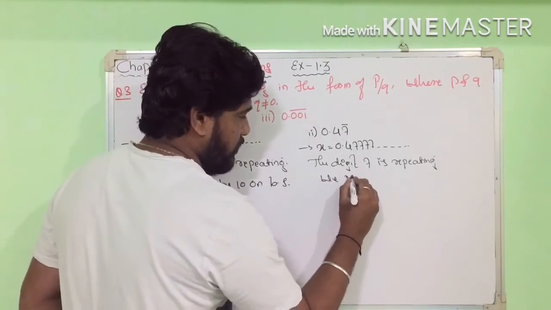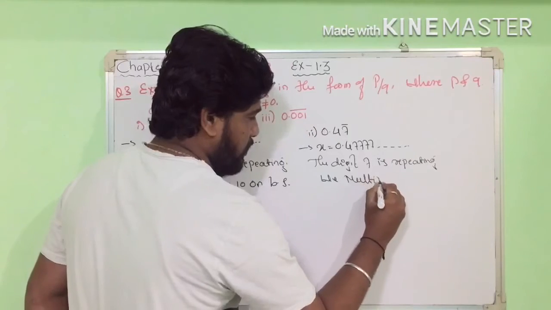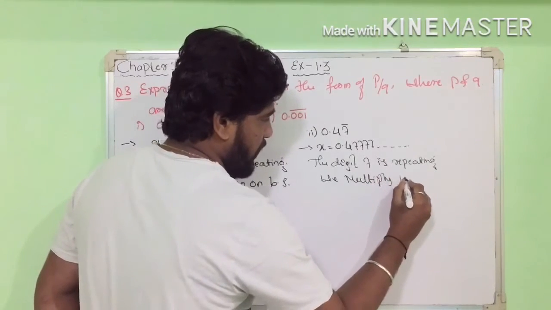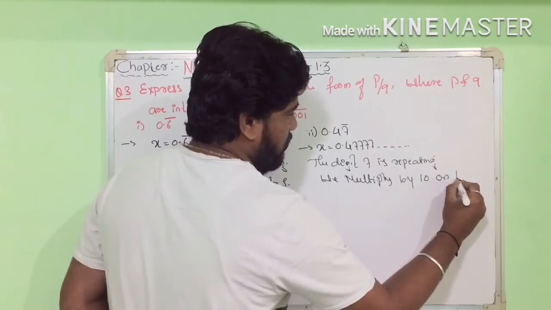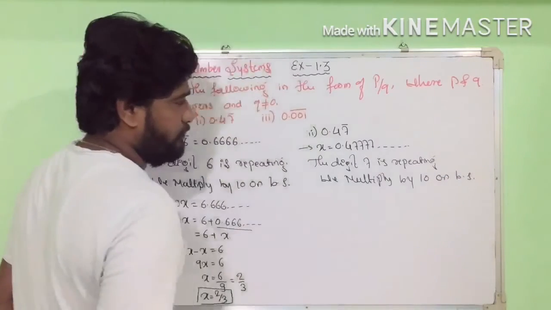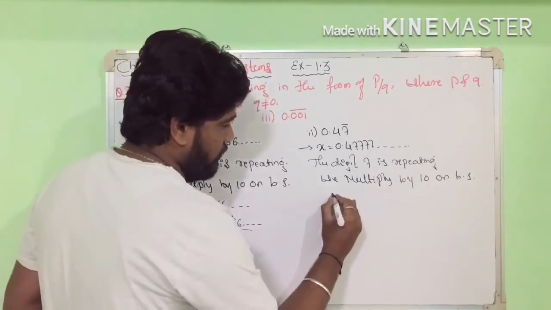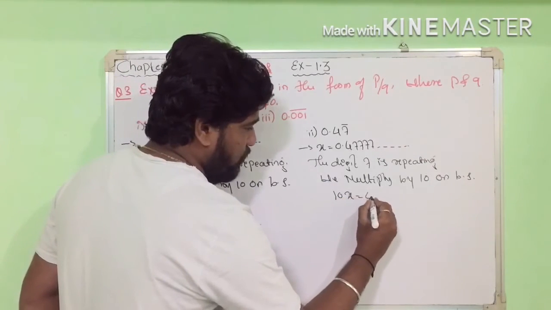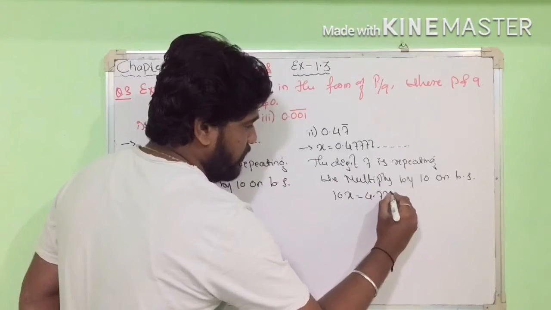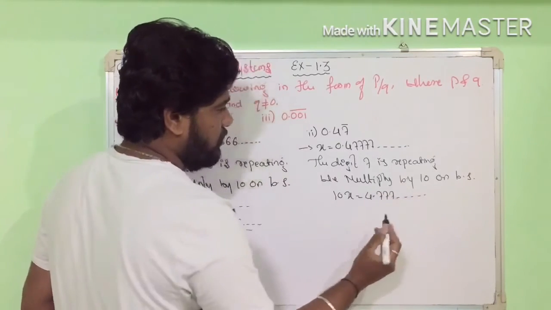we multiply by 10 on both sides. So here 10x is equal to 4.77 and so on.